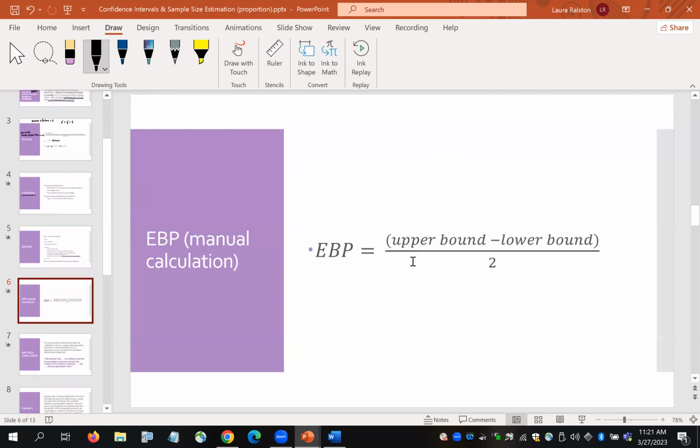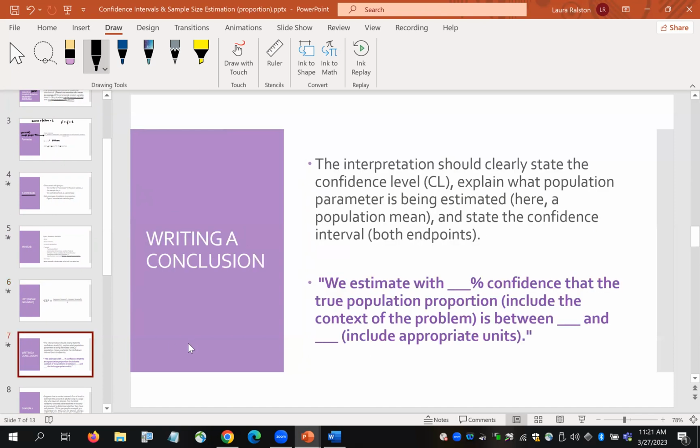It is still the upper bound minus the lower bound divided by 2. The statement of your conclusion is the same, except we use the word proportion instead of mean, because now we're dealing with a proportion or a percentage. Same concept, slightly different information.